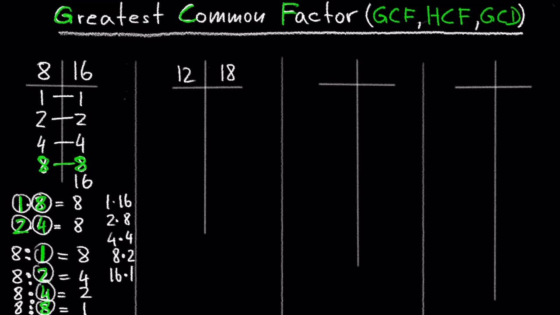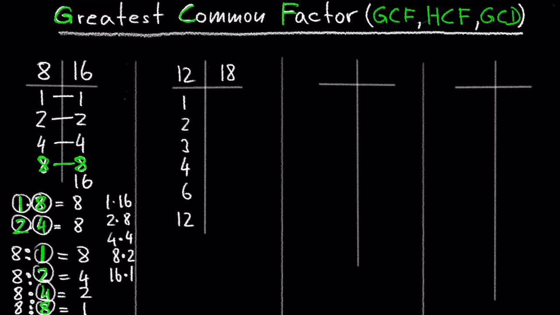Ask yourself the question, which numbers divide into 12 evenly? 1 divides into 12, 2 divides into 12, 3, 4, 5 does not, 6 divides into 12, 7, 8, 9, 10, 11 does not, but 12 divides into 12 evenly. So the factors of 12 are 1, 2, 3, 4, 6 and 12.